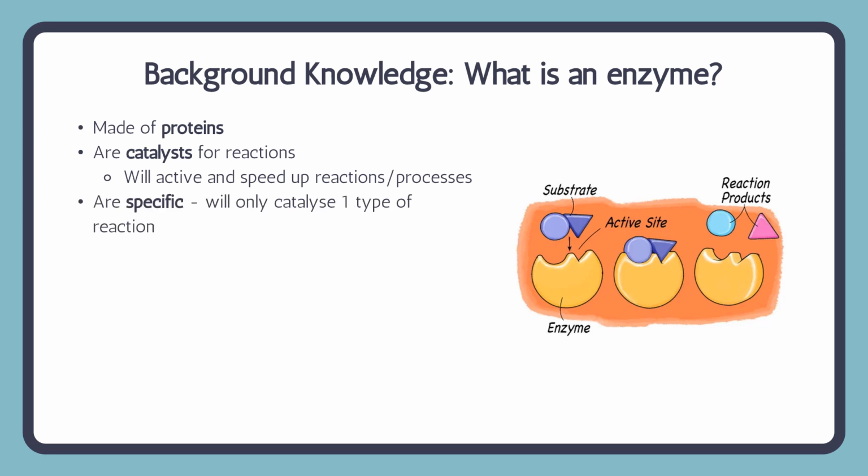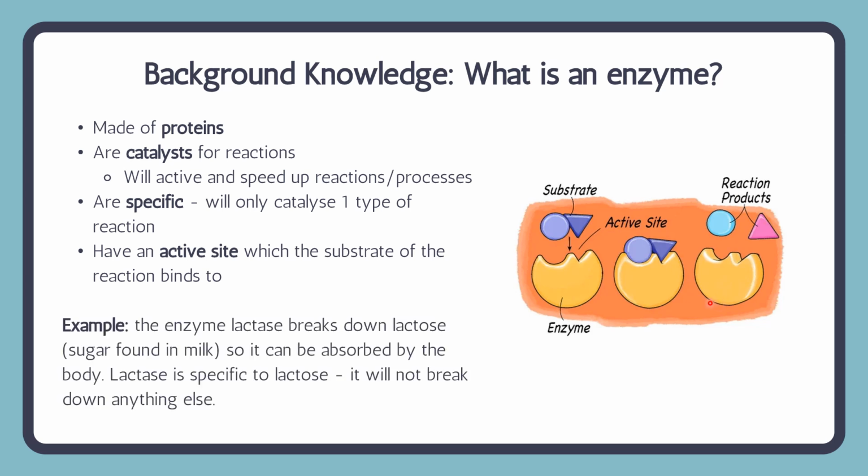They are specific, so they will only catalyze one type of reaction, and they have an active site, which you can see here. So this is this specific shape, which is called an active site, and only a specific molecule will fit into that active site, and this enzyme will only catalyze a reaction for those specific molecules. An example is the enzyme lactase.